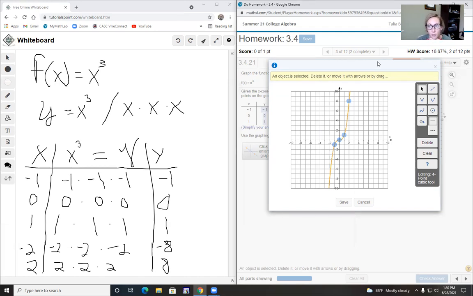And you can't just pick a point. You can't do 2, 6 or 2, 10 because that is not correct. Because 2 to the third power is not 10. 2 to the third power is not 6. It has to be 2, 8, because that's the only way it's going to be cubed.